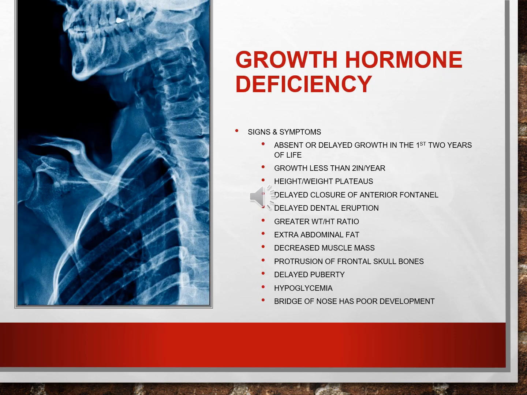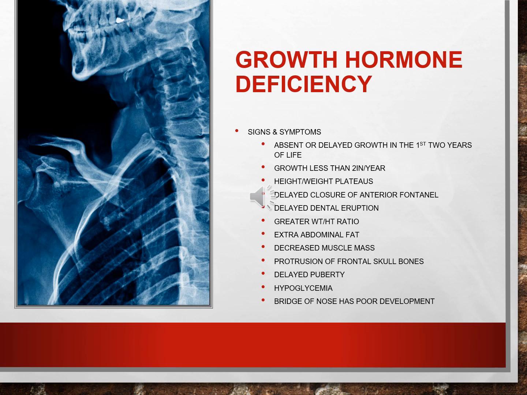With growth hormone deficiency, some signs and symptoms that you will see are absent or delayed growth in the first 2 years of life, growing less than 2 inches per year. Their height and weight plateau. There's a delay in closure of the anterior fontanelle and a delay in getting teeth.